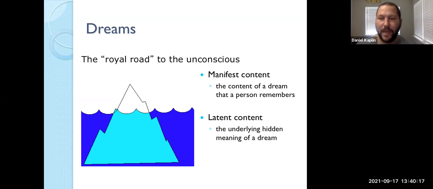And you would say what it meant, or what you dreamt, pardon me. The latent content, which Freud looked for symbols in, was the deeper hidden meaning of the dream. And Freud would look for all kinds of symbols. I'll give you some dream symbols.